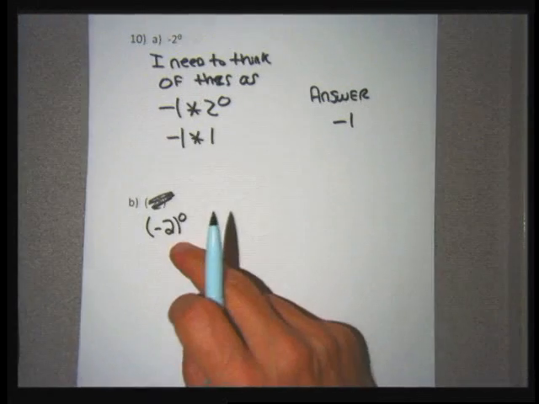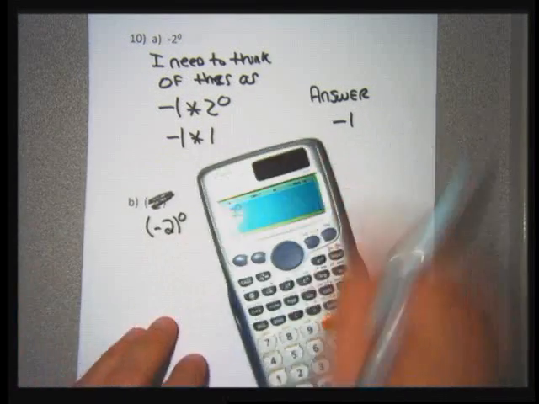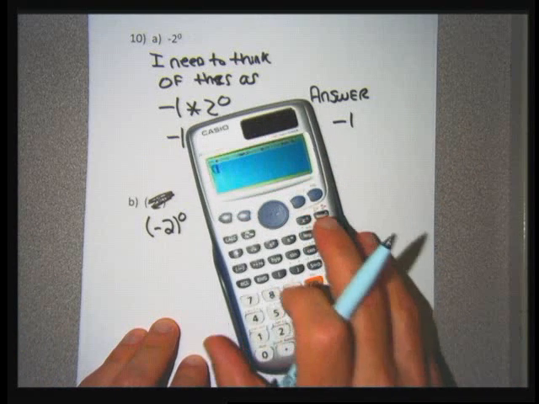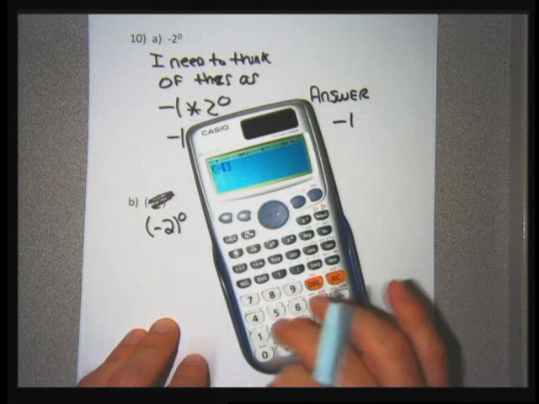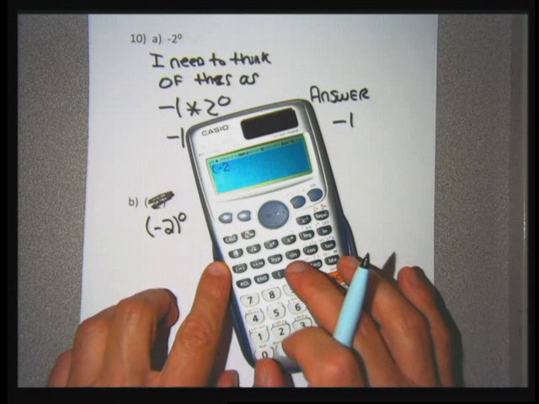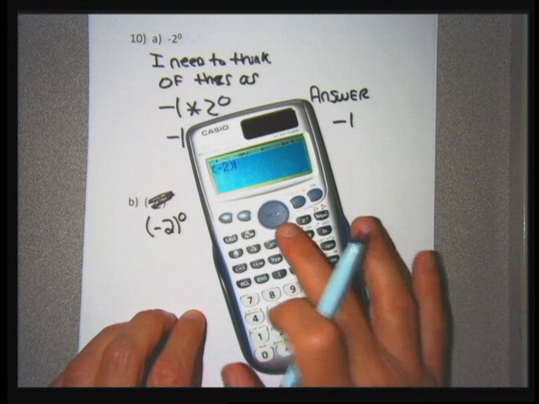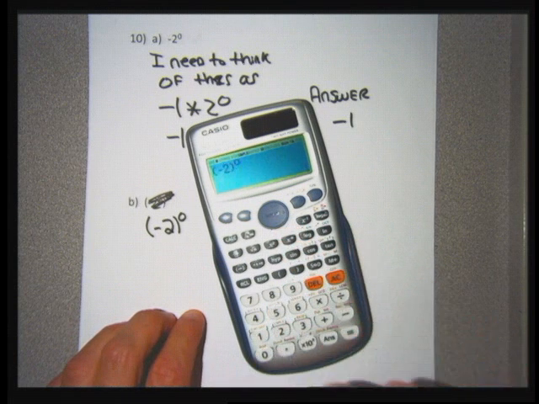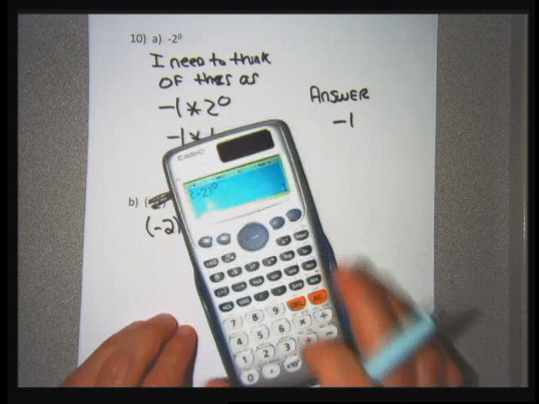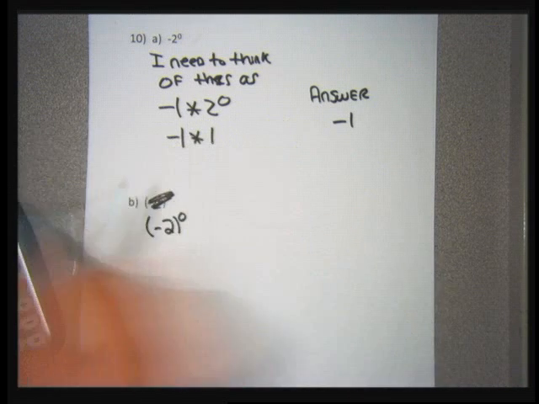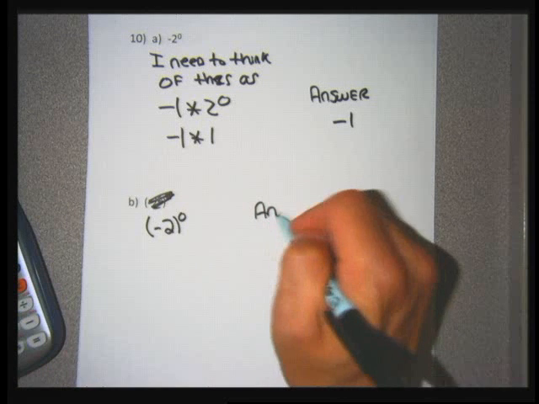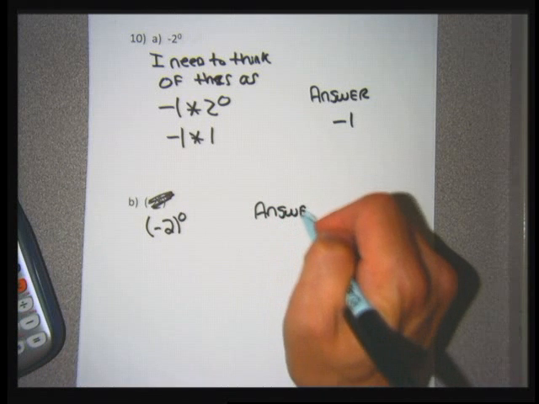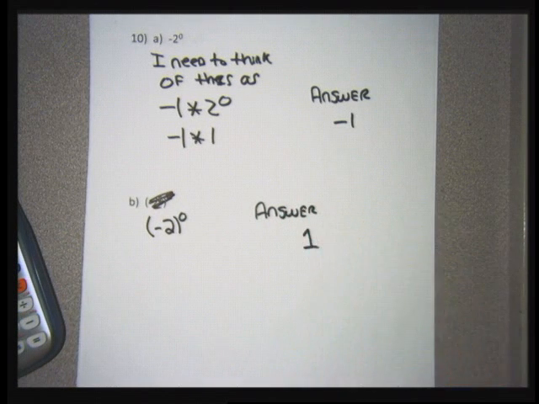And again, my calculator can do this if I just go parentheses, -2, using the negative in the parentheses, exponent 0, my calculator gives me that that's equal to 1. Because if I have the entire contents inside a parentheses with a 0 outside the parentheses, that will reduce to 1.